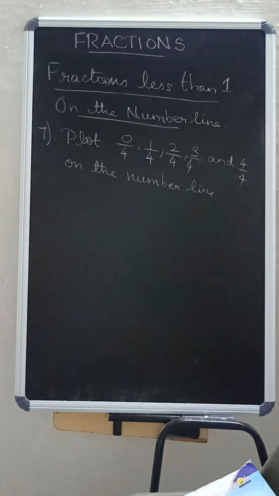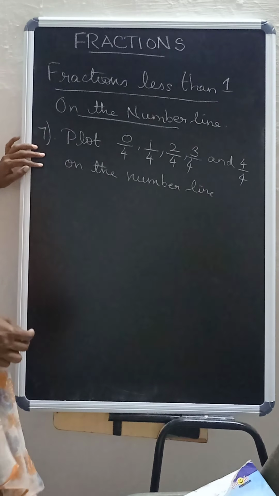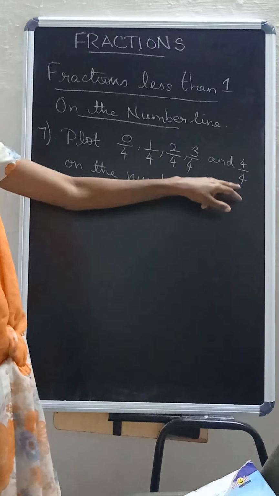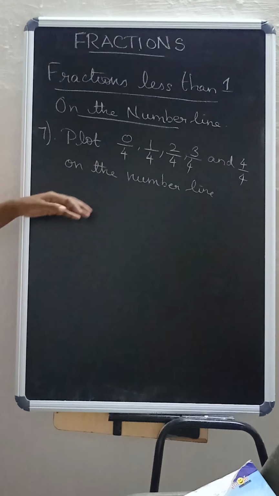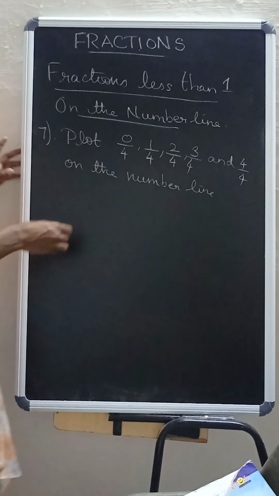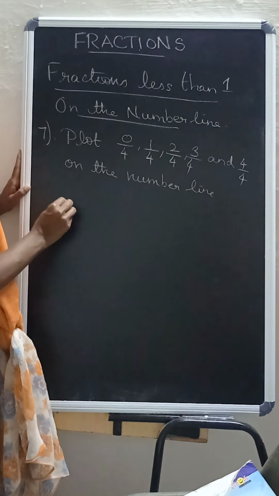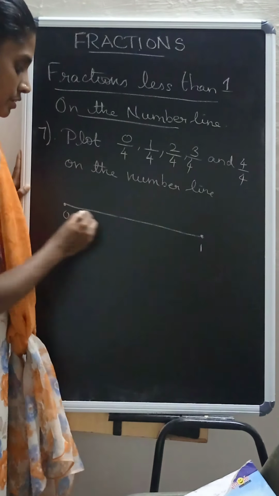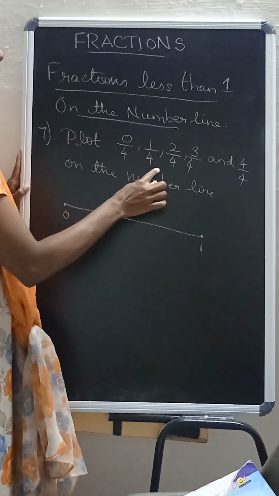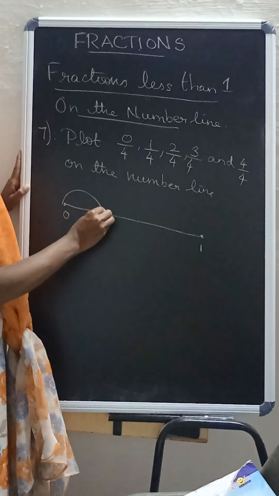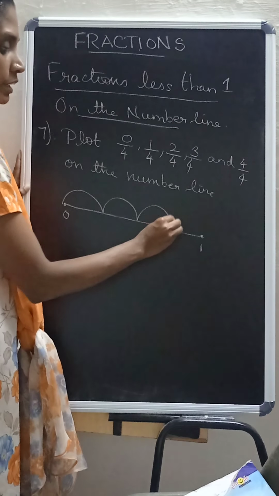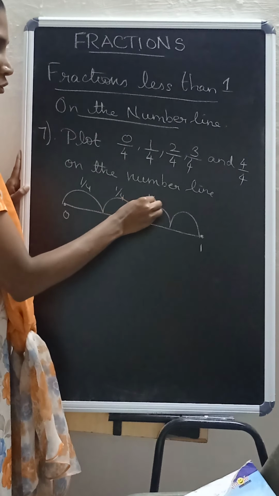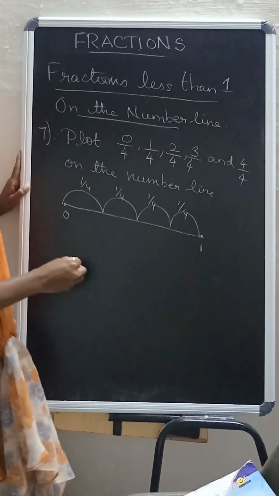Now practice time. This sum you will do by yourself. Plot 0 by 4, 1 by 4, 2 by 4, 3 by 4 and 4 by 4 on the number line. Finished? We will do it now here. So 0 to 1. We will split it into 4 equal parts. 1, 2, 3, 4. Just 1 by 4, 1 by 4, 1 by 4 and 1 by 4.